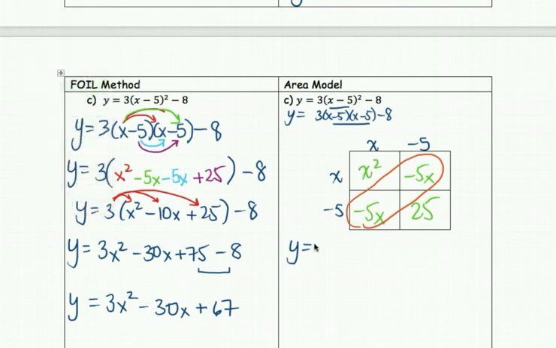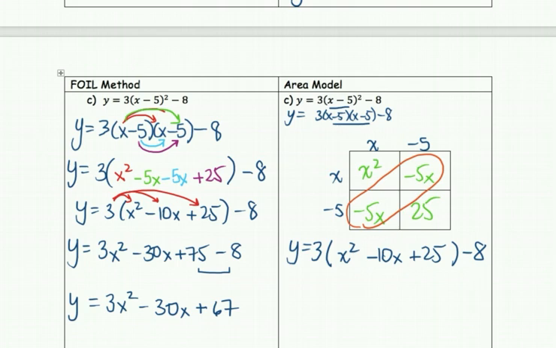Remember, we left this 3 behind here, and we left the subtract 8 behind. So those are still coming along, but now we've taken care of this x minus 5, x minus 5. We take it out of the box, add these 2 like terms up, and get to your third term, 25. Now it's back together with the 3 and then subtract 8.